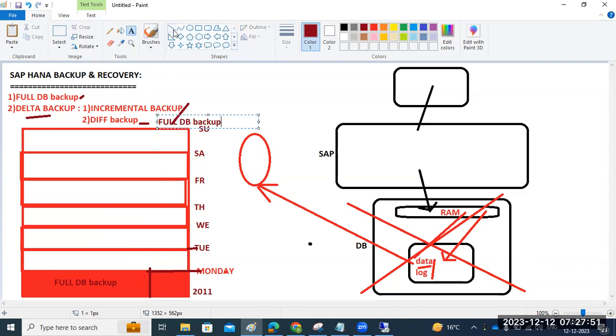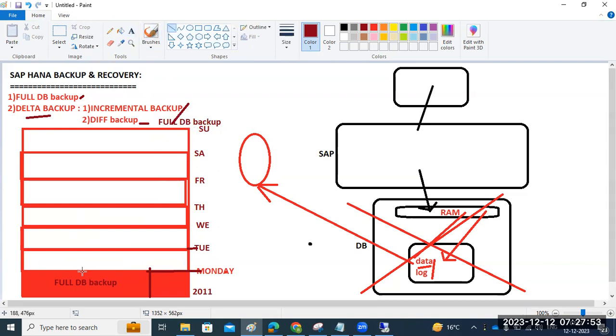Say the full database backup is completed on Sunday to Monday. Then you take the Tuesday differential backup. It will always check the full database backup only, and it won't look at the previous backups.